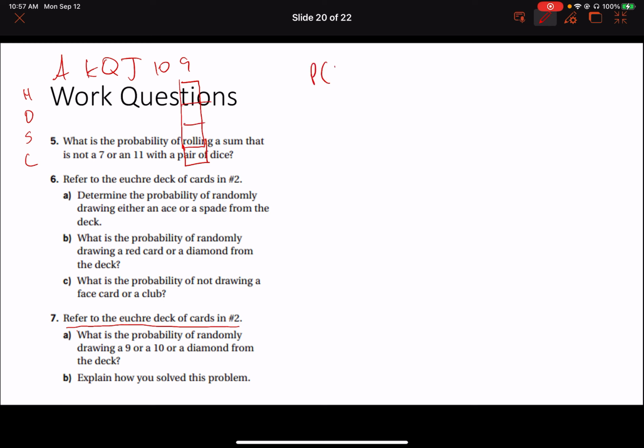So the probability of a 9 is equal to 4 over 24, as we have 24 total. The probability of a 10 is equal to 4 over 24. So if you think about it, these are mutually exclusive events. So the probability of a 9 or 10 is actually equal to 8 over 24.